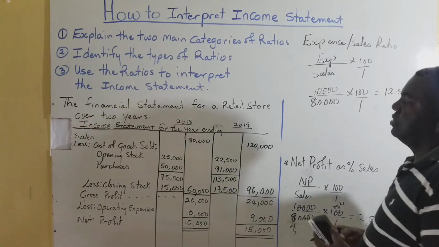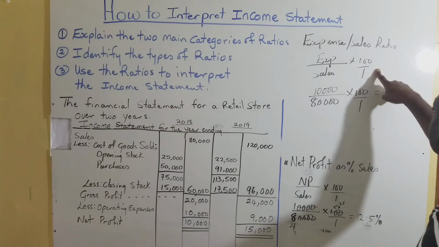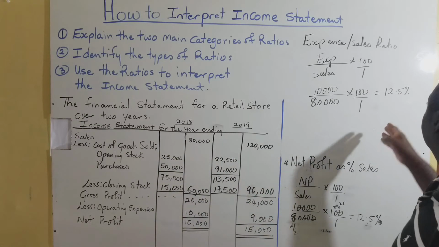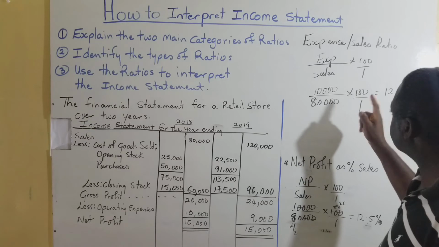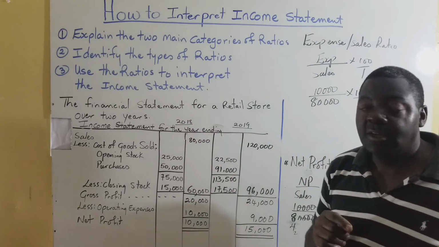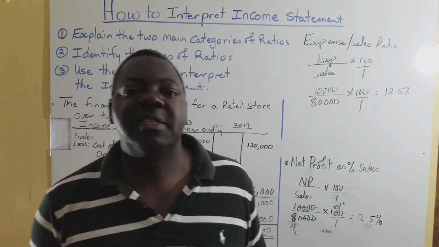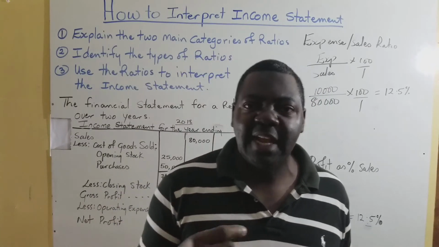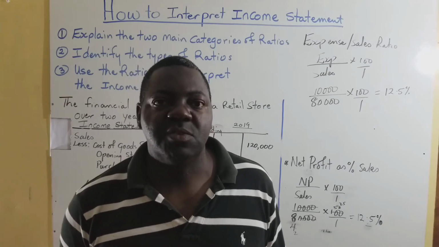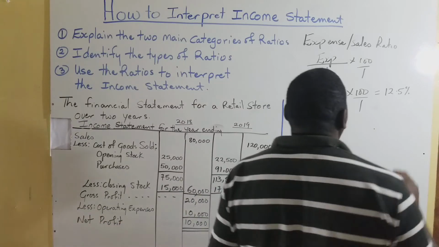So this ratio is indicating that for every $100 worth of sales, we are incurring a cost of $12.50 to get the goods in a saleable condition, or to operate the business so that you can sell to the customer.